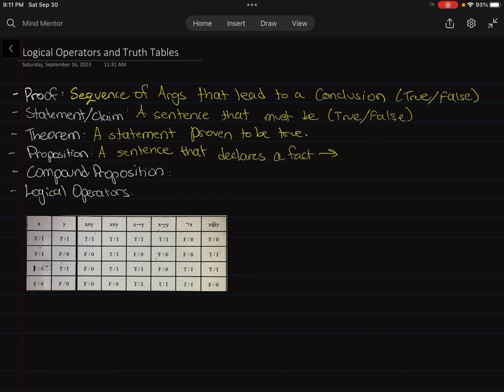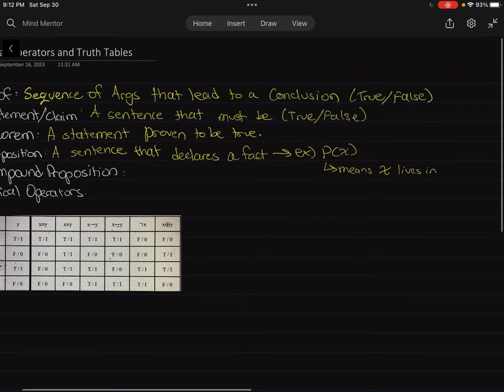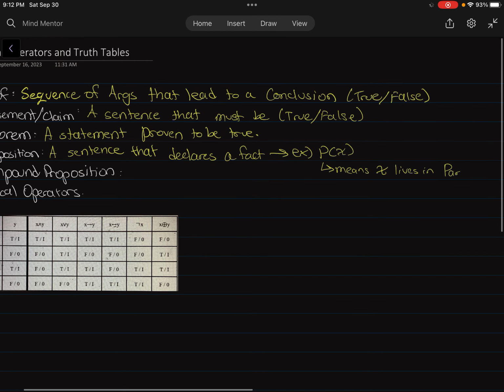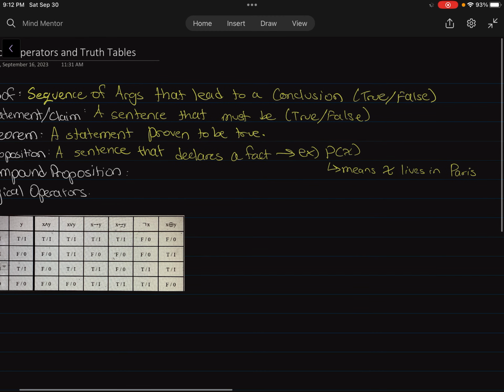An example of this could be P of x, right? Where P means x lives in Paris. So x is what we call the argument, or some people may call it predicate, right?